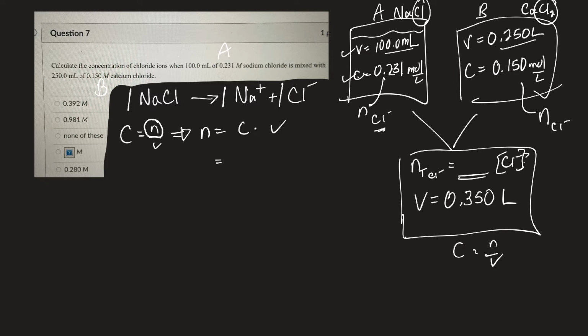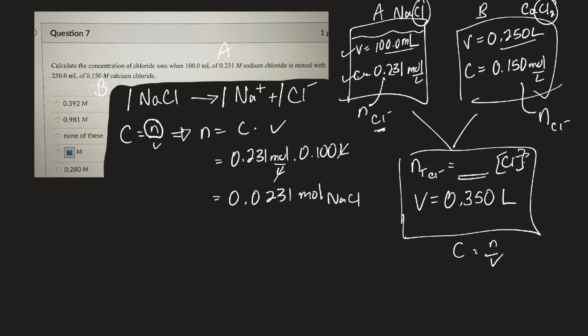I want to solve for n. So that formula reworked will be moles is equal to C times V. Concentration, 0.231 moles per liter. Volume, 100 mLs, so it'd be 0.100 liters. So I multiply that and I get 0.0231 moles of sodium chloride.